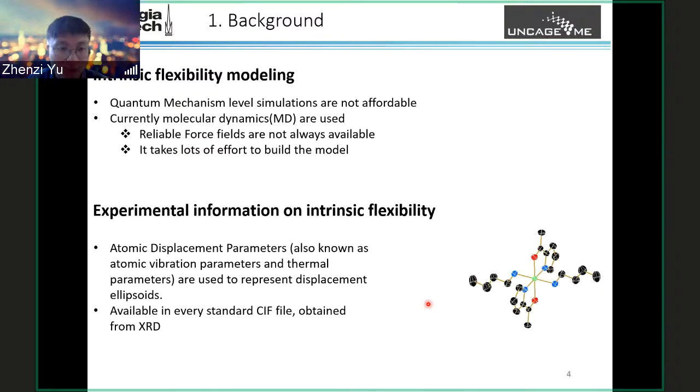There is a parameter called atomic displacement parameters, also known as atomic vibration parameters or thermal parameters. These parameters are used to represent the displacement ellipsoids. The displacement ellipsoids are mainly the description of the atom vibration around their equilibrium positions, and they are available in every standard CIF file, obtained from the XRD.